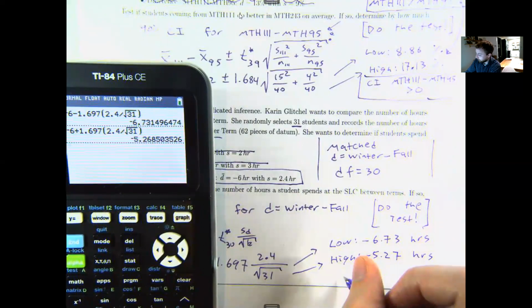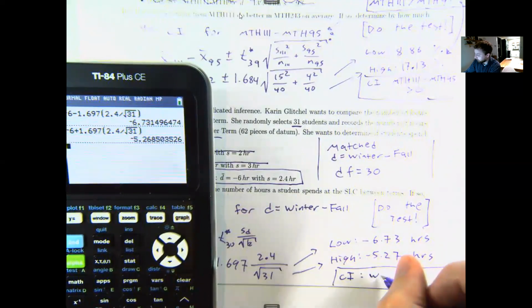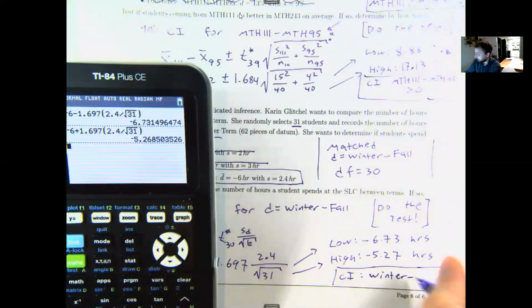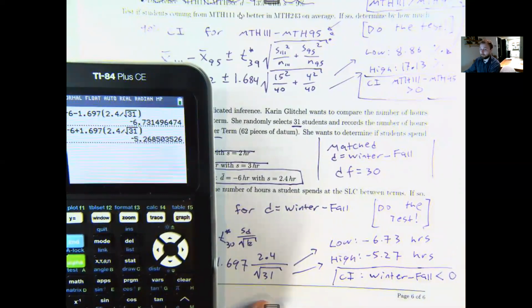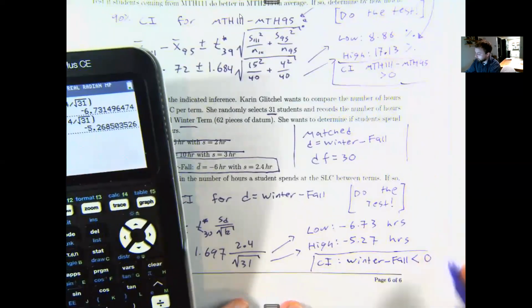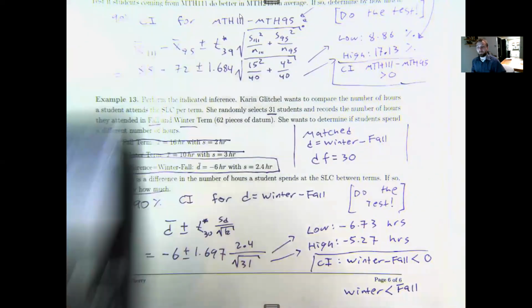In particular, my confidence interval for winter minus fall, these were negative, they were less than 0. So moving fall to the other side, this told me that people were less likely to use the Learning Center in winter term compared to fall term.